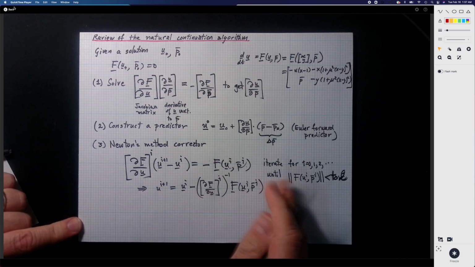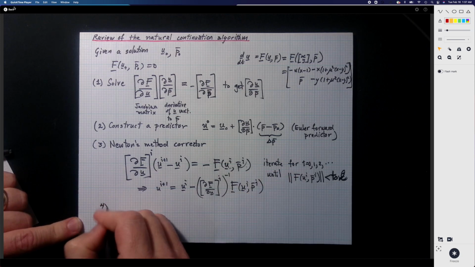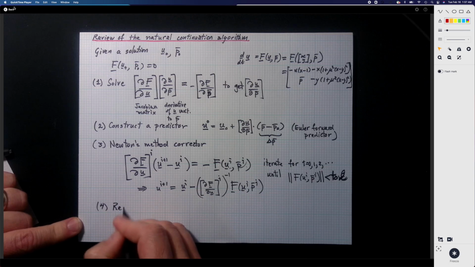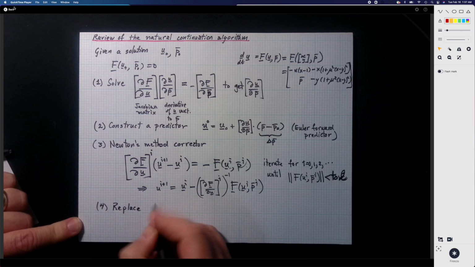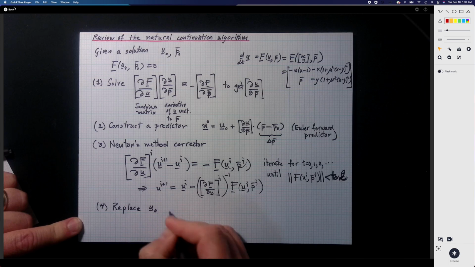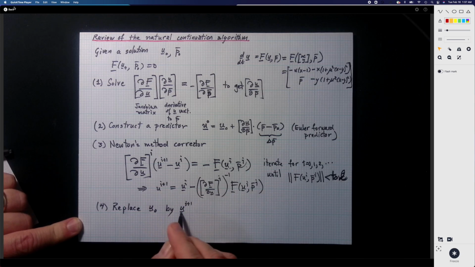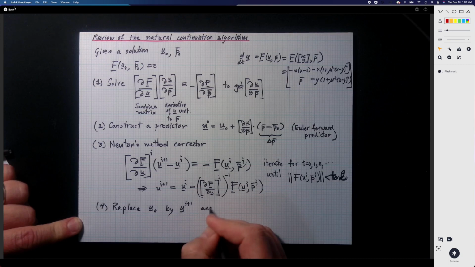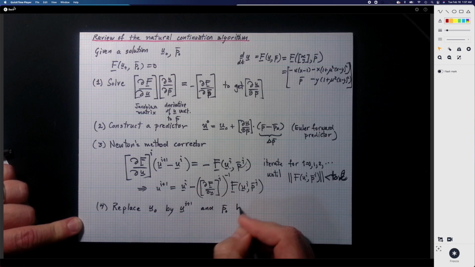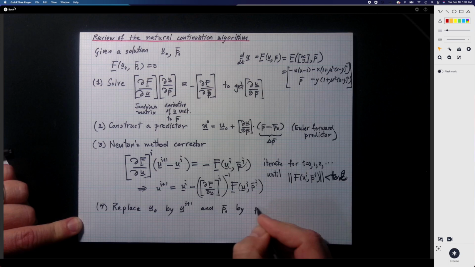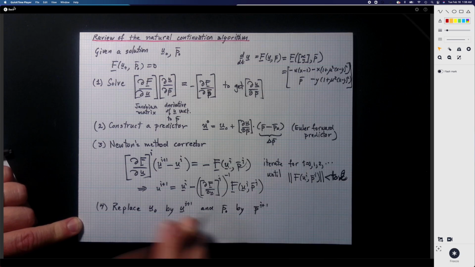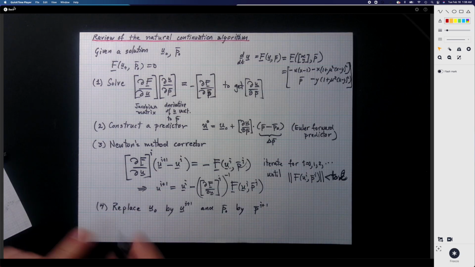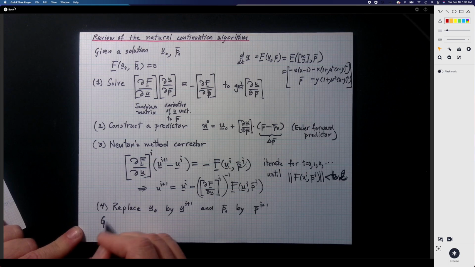And once we've converged, the last step, step 4, is to replace U naught by U at I plus 1, the converged solution, and P bar naught by P bar at I plus 1, the converged solution, and then go back to step 1.